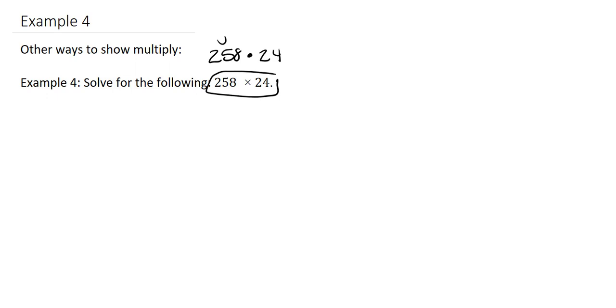This is one method. Another method would be to show it like this, where you put them in parentheses. This also means we need to multiply the two together. And of course, we have our way that we show below. So these are 3 different options to show multiplication.